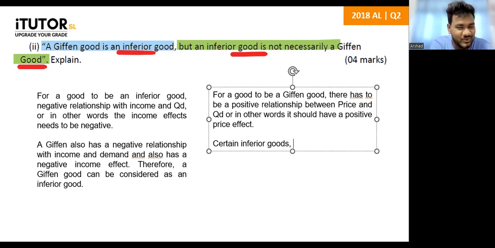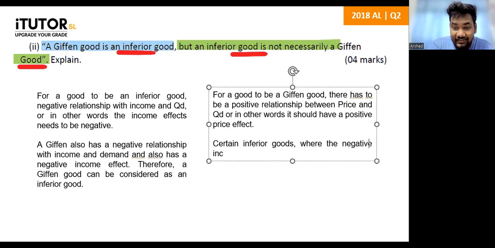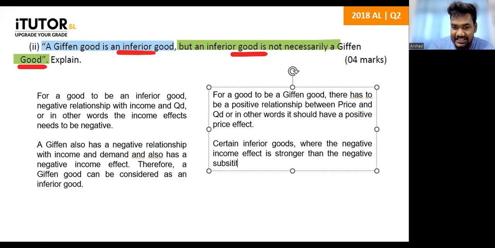For a given good, the negative income effect is stronger. So certain inferior goods where the negative income effect is stronger than the negative substitution effect can be considered as given goods.